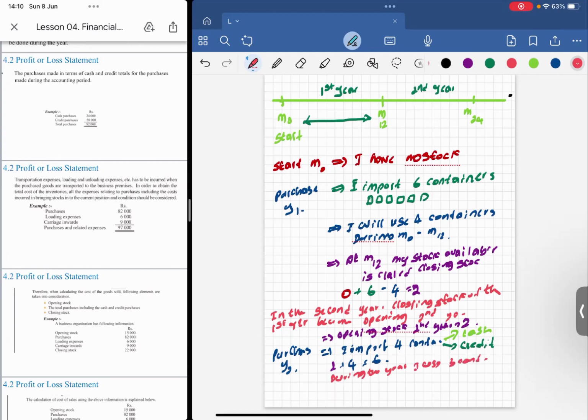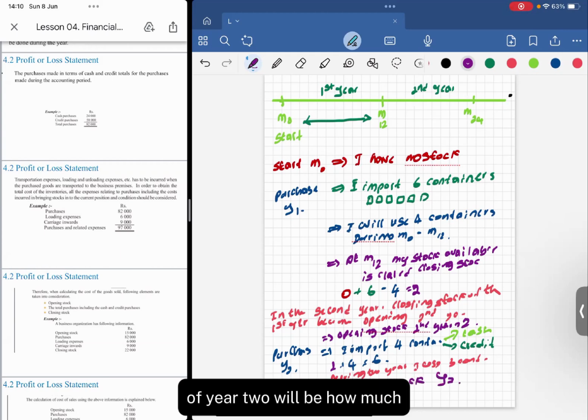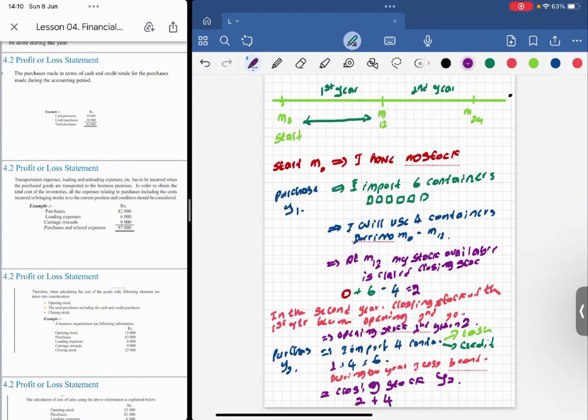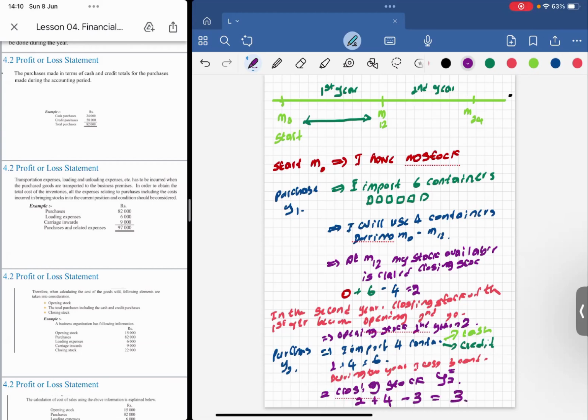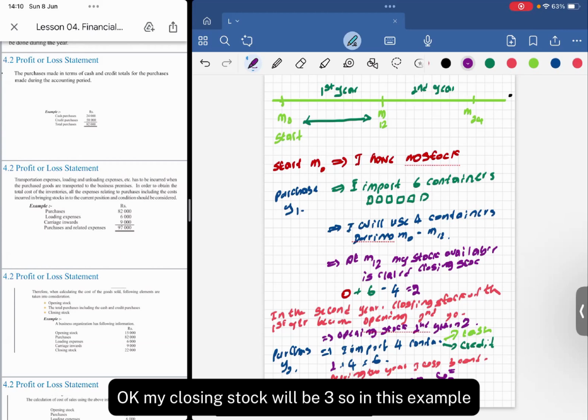Then the closing stock of year 2 will be how much? 2 in the beginning, my opening stock. Then I purchased 4, I used 3. My closing stock will be 3.